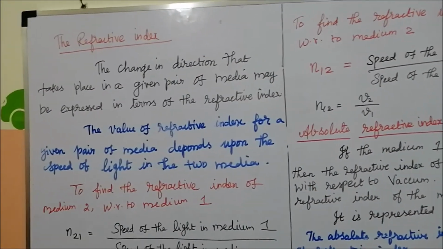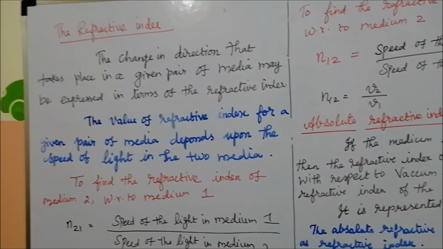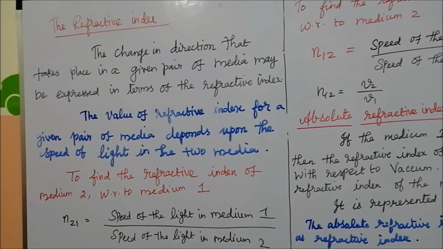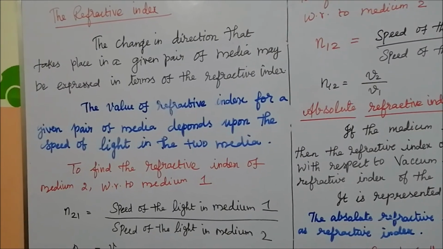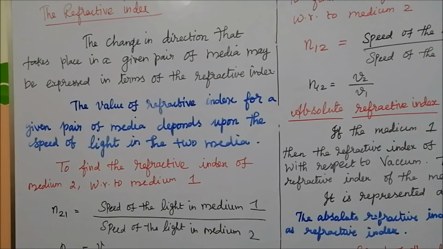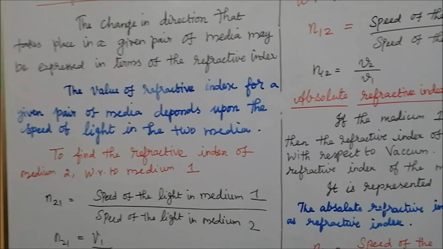The refractive index. The change in direction that takes place in a given pair of media may be expressed in terms of the refractive index. The value of refractive index for a given pair of media depends upon the speed of light in the two media.